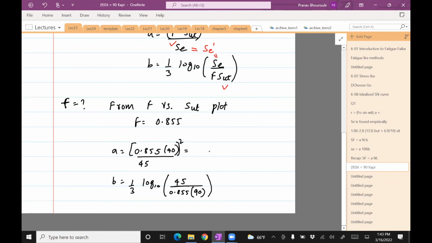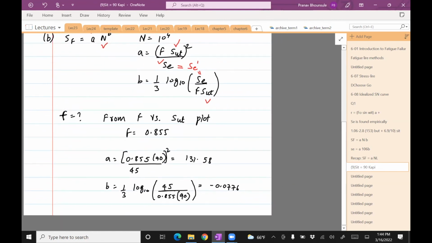A is 131.858, and B is 0.33 times log 10 of 45 divided by 0.855, minus 0.076776.